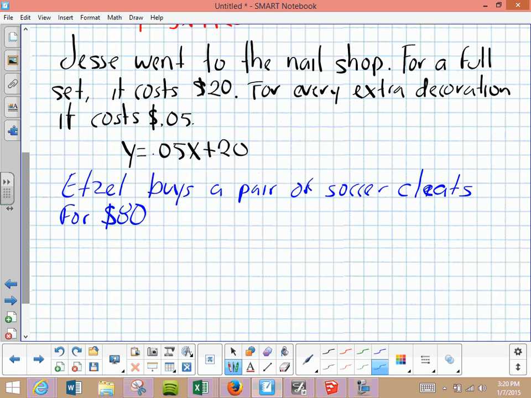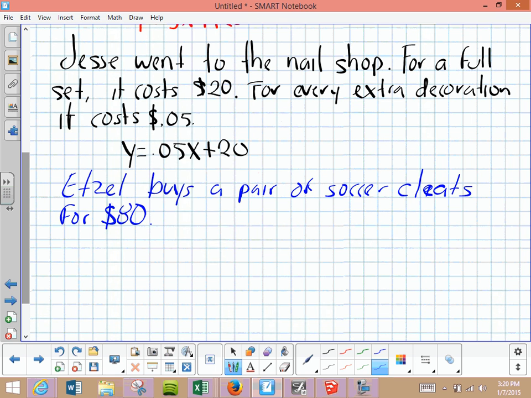That won't work. But here's what I can do. Somebody else did the same thing, and I just told them this. When you personalize your shoes, they charge you extra for each personalization. Like if you ever go to the Nike website, you can create your own shoes. So I'm gonna use it that way because the way that you have it, it won't work. So basically, it costs $8 just to buy the shoe.